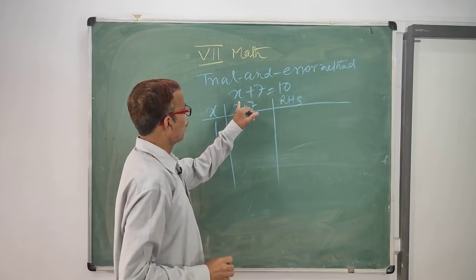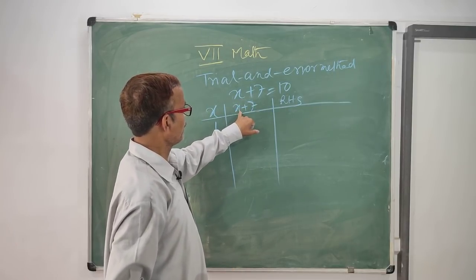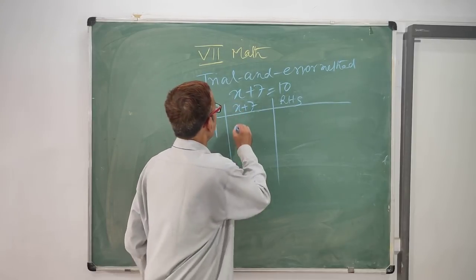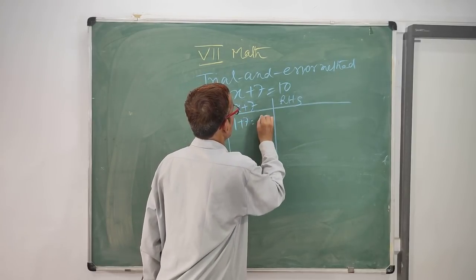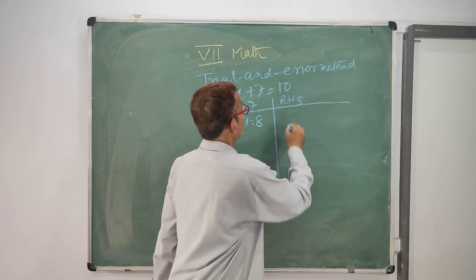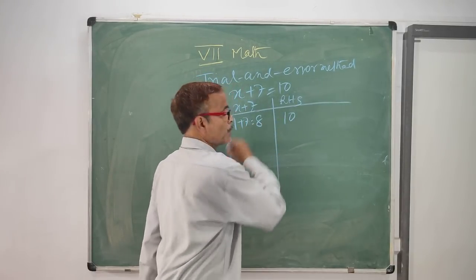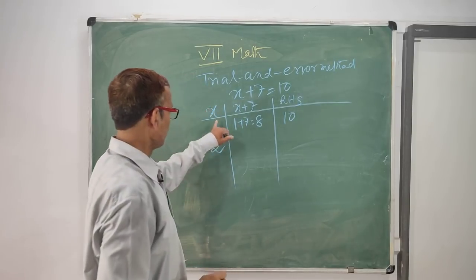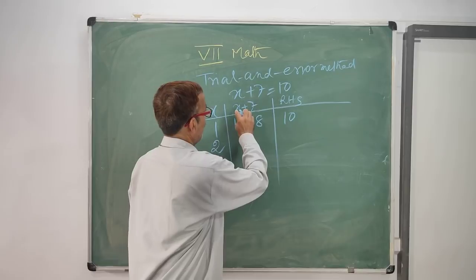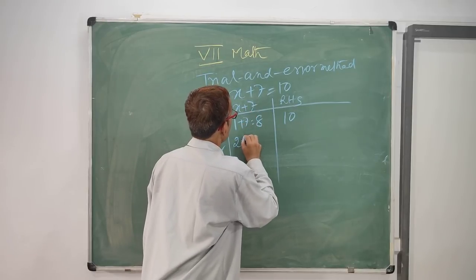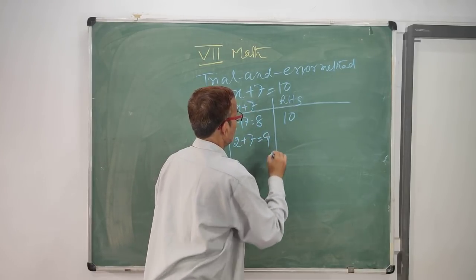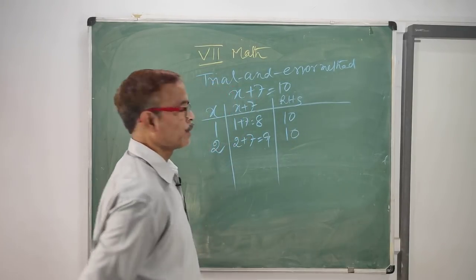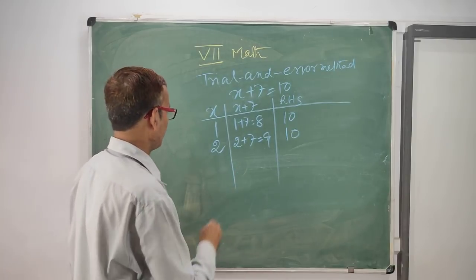When x equal to 1, then the value of x plus 7 means 1 plus 7 equal to 8, and in right hand side 10, so left hand side not equal to right hand side. Then take the value x equal to 2, then x plus 7, 2 plus 7, this is equal to 9, and in right hand side 10, so 9 not equal to 10.